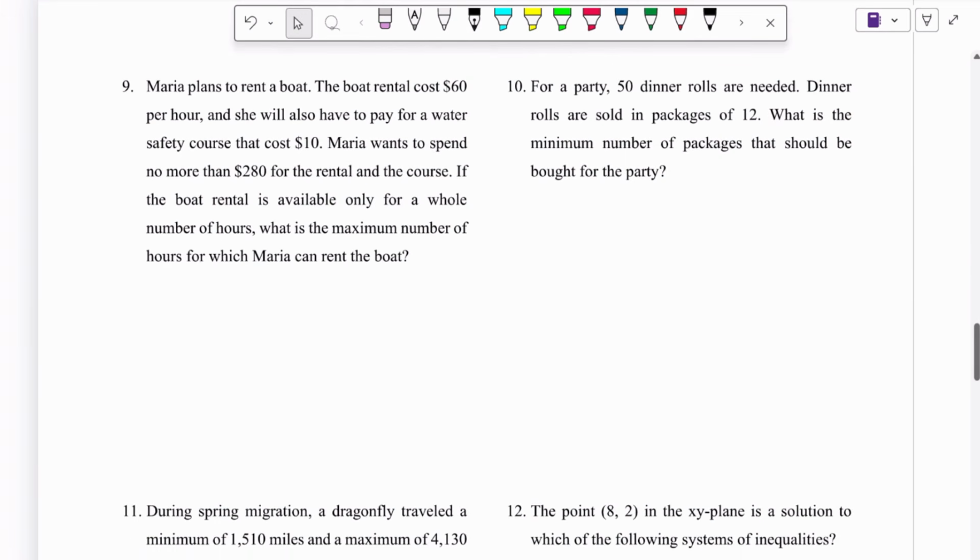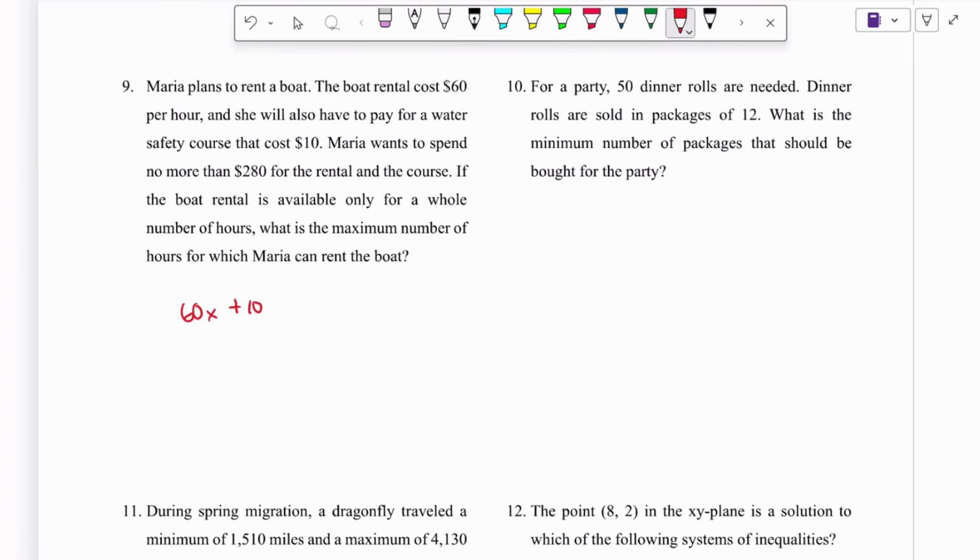Okay. Maria plans to rent a boat. The boat rental costs $60 an hour, and she'll have to pay for a water safety course that is $10. So if she's taking a water safety course, it's $10 flat. Then it's $60 an hour, where x represents how many hours.